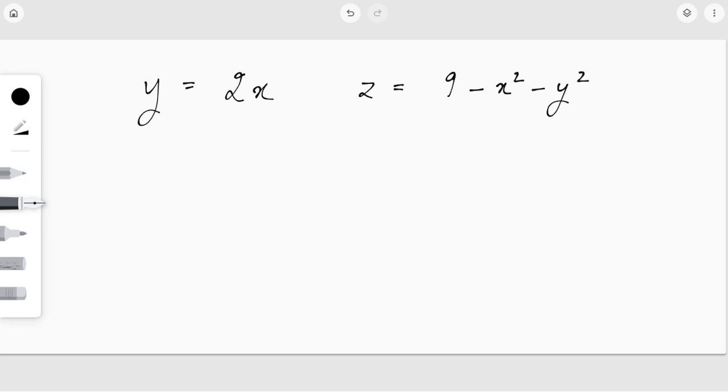So we are given two surfaces. Now these surfaces are intersected by a particular curve. We need to find the vector function of that curve.